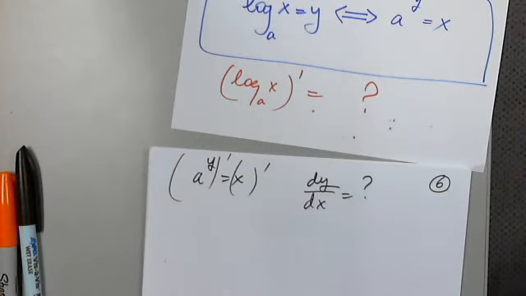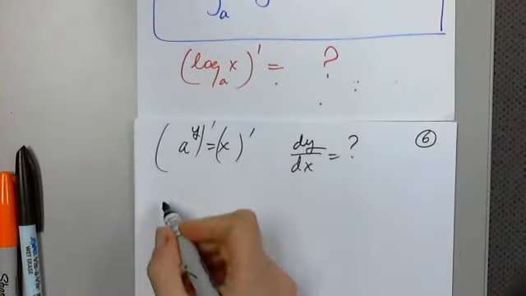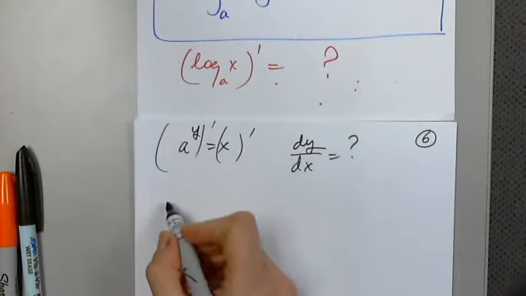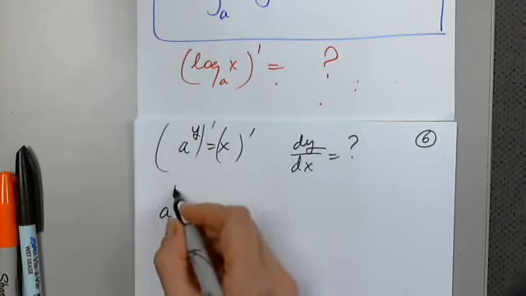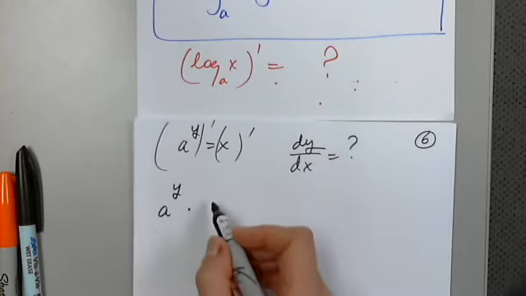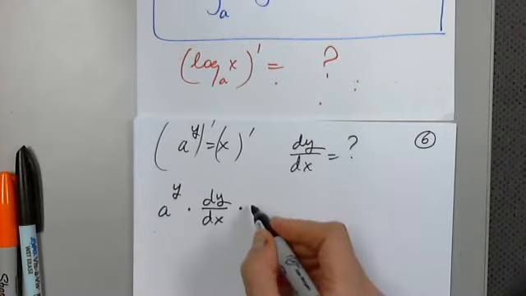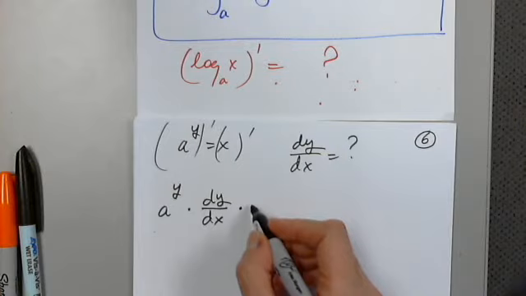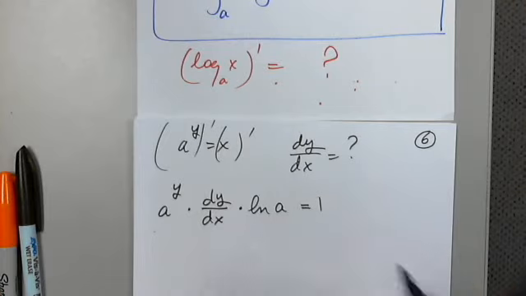So let's dictate one more time the left-hand side: a to the y, times y prime, times natural log a, equals x prime. Perfect.